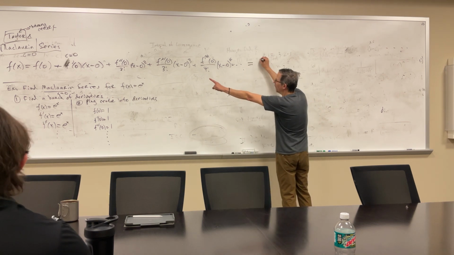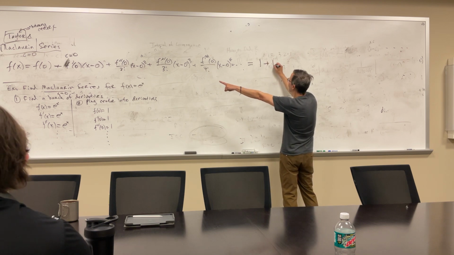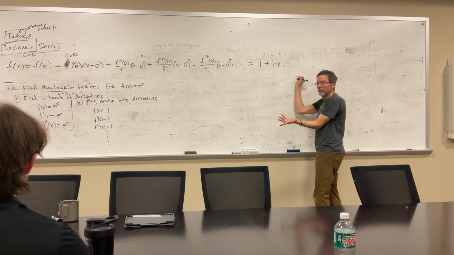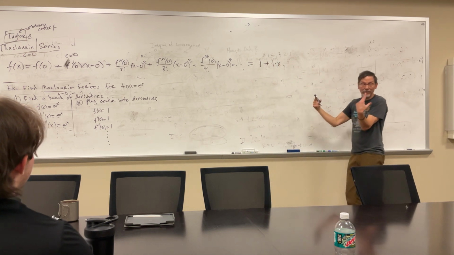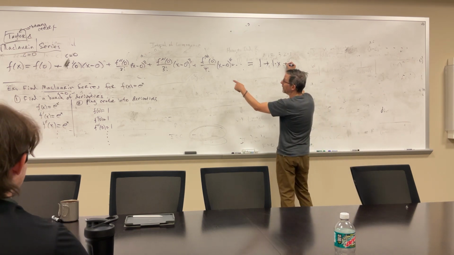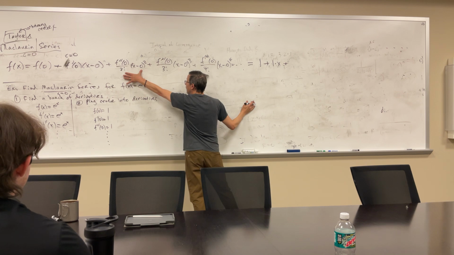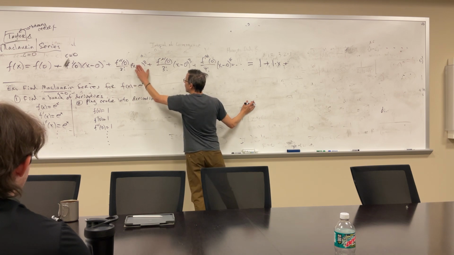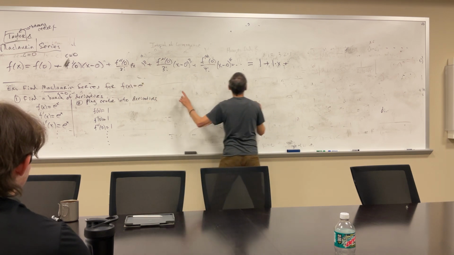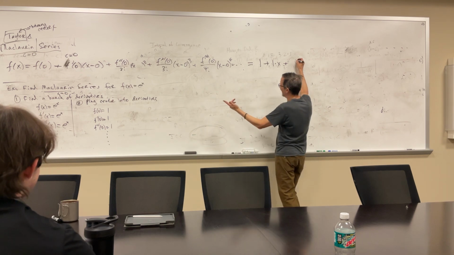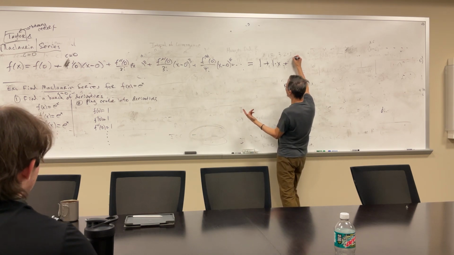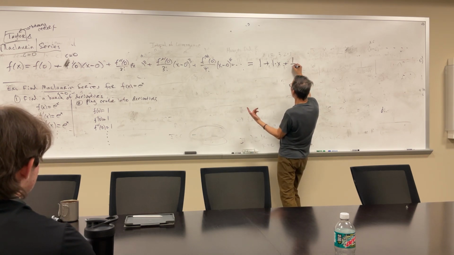So f at 0 is 1. f prime at 0 is 1 times x, since x minus 0 is x. What's the next one? x minus 0 squared. What's f double prime of 0? Just 1 over 2 factorial.